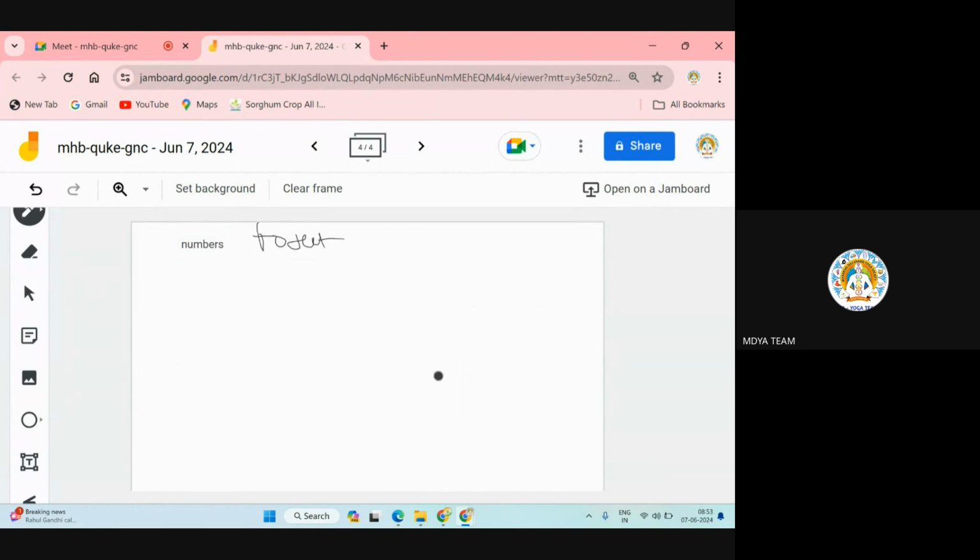So in a forest ecosystem, who are the producers? Plants and trees. Who will be our primary consumers? Deer or any other herbivore animals.